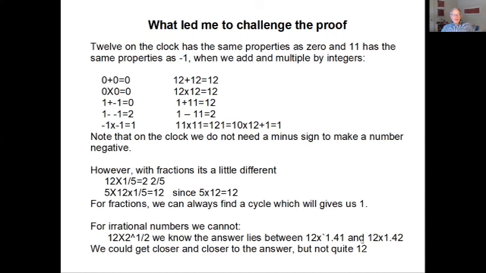So I could keep getting closer and closer to multiplying the square root of 2 times 12, and say in the limit, it would come out. That makes me feel much better. But while it made me feel much better, it doesn't make me say that it works in the same way with irrational numbers as it does with integers and negative numbers.